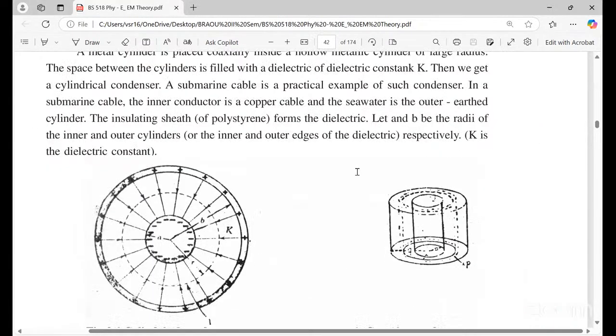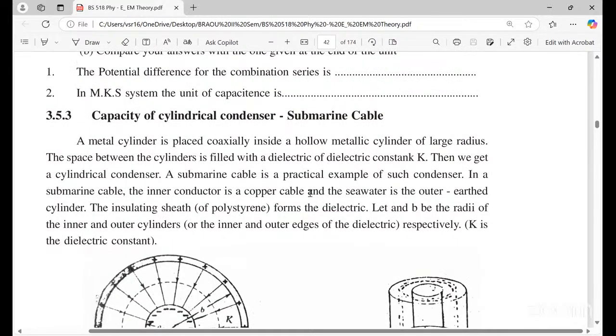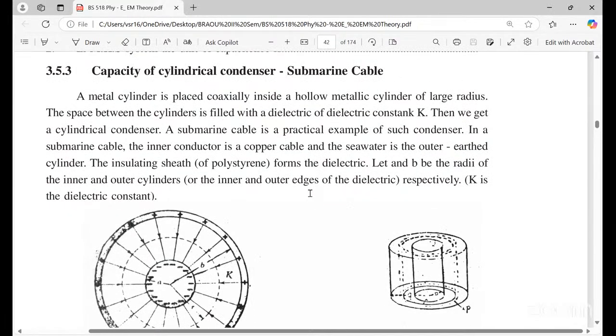So this is the cylindrical form. Capacitance of the cylindrical capacitor. A metal cylinder is placed coaxially inside a hollow metal cylinder of large radius. The space between the cylinders is filled with a dielectric material. What is the dielectric constant? K. K is a constant, that is the dielectric constant.